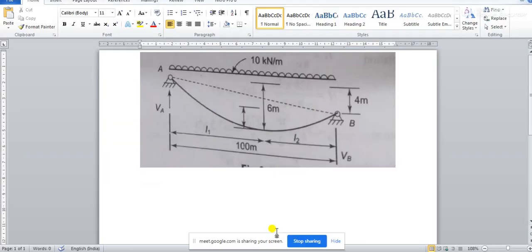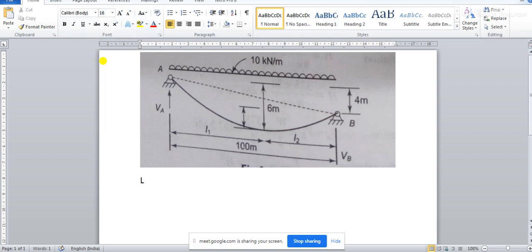So let's see. This is the problem given, right? What is being said over here? In the problem it is now given what the length is. Let me make it a little larger.